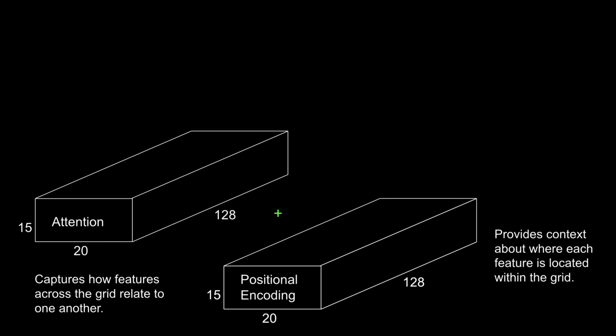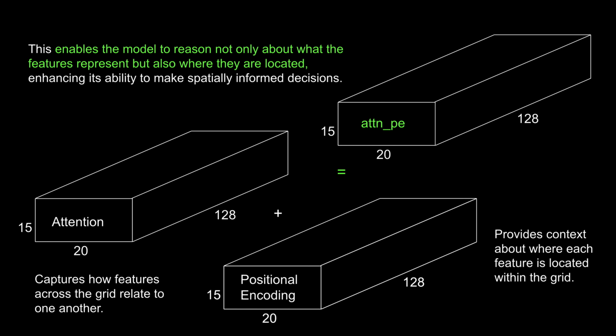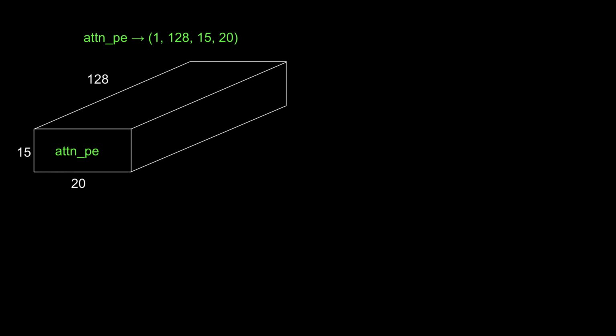When we perform the element-wise addition of the attention tensor and the positional encoding, we obtain a new tensor. This tensor enhances the model's ability to reason not only about what the features represent, but also about where they are located, allowing for more spatially informed decisions. Let's move it to the left here.